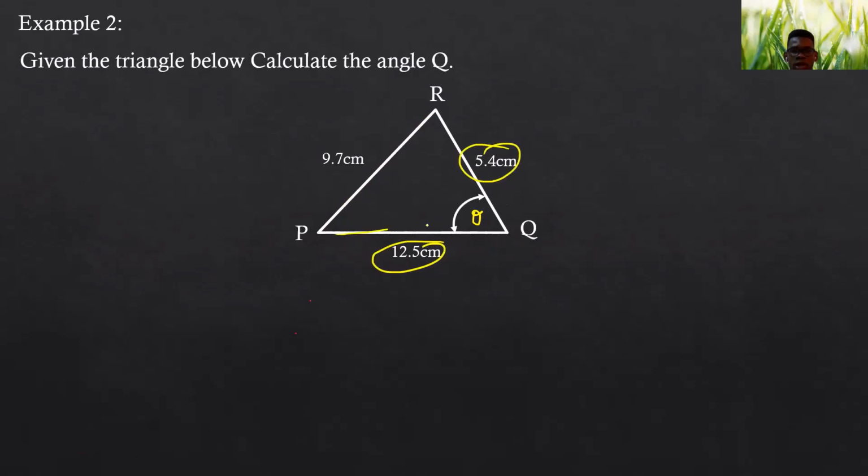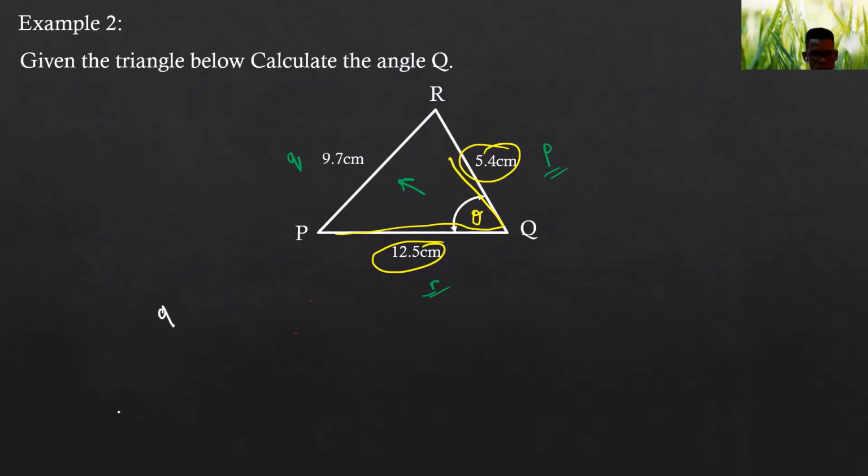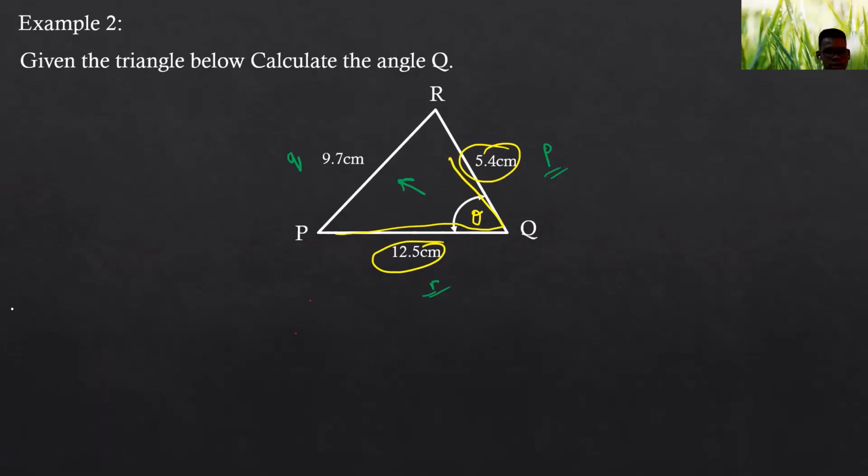So again, we're looking at our V. Let's use this convention: the side opposite is Q, this would be P, and this would be R. So the two sides of our V are R and P. What we know from our cosine rule is that, I need some space for this, so I'll split this like this.